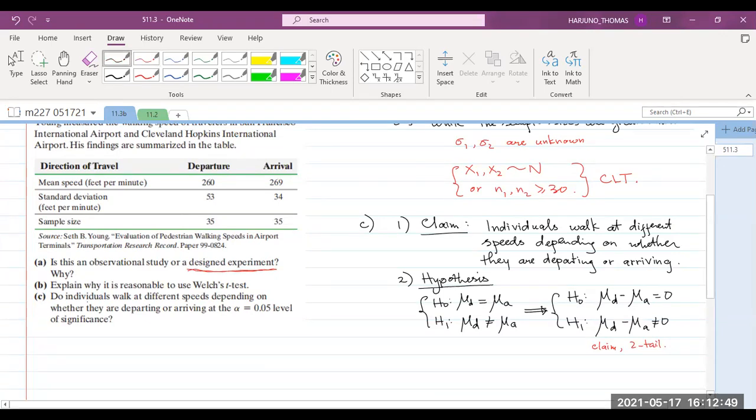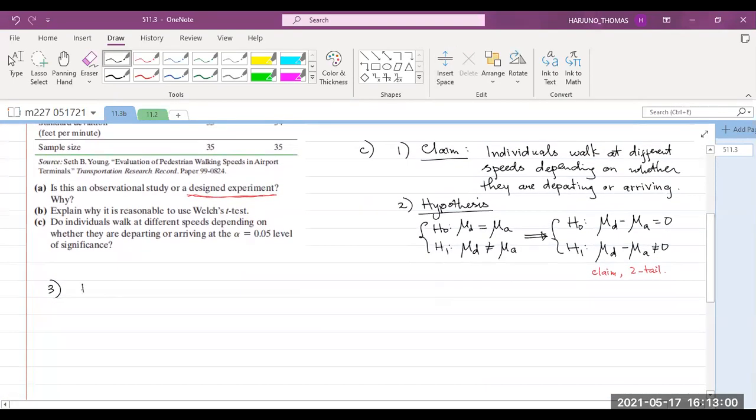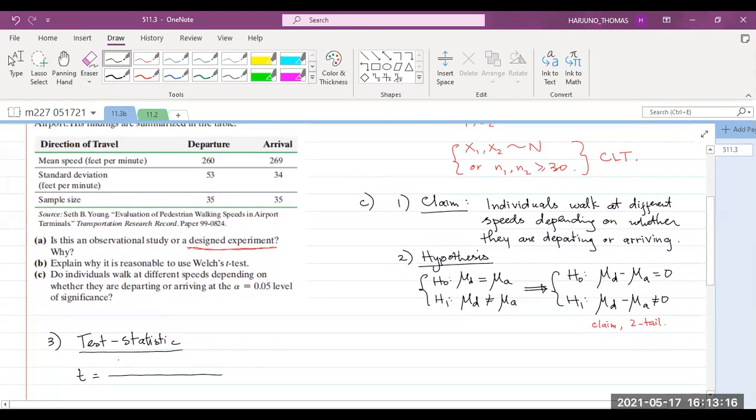Okay, now step 3. What is the test statistic? It will be t equals x bar 1 minus x bar 2, x bar departure 260 minus x bar arrival 269, minus mu d minus mu a, that's minus 0.